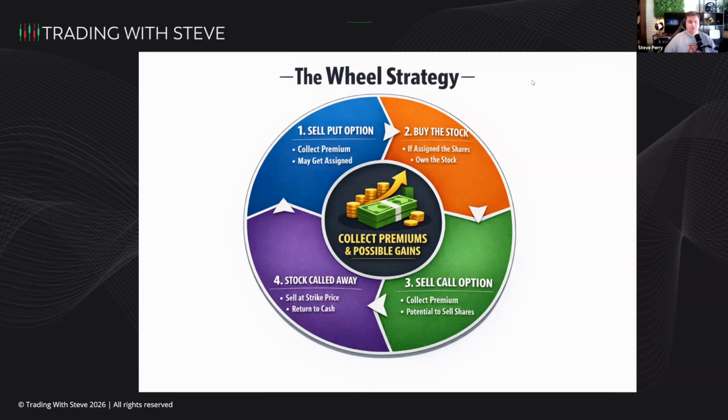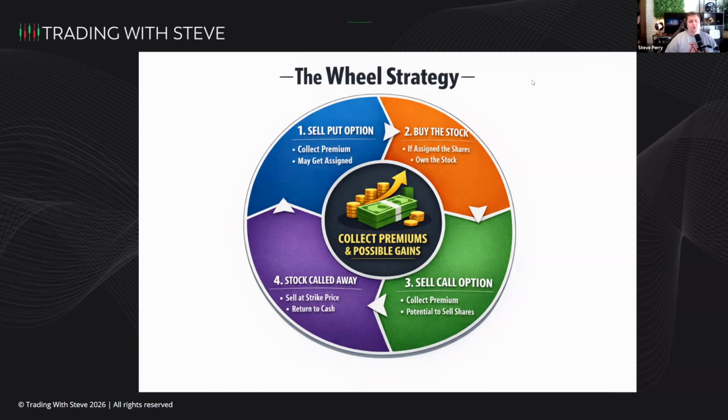If SoFi goes over $23 in that period of time, my shares are going to get called away from me, and I'm also going to collect my premium in step three for selling that call option. Then I'm going to go back and return to selling puts again. That's why it's called the wheel, because you're somewhere between step one and four.